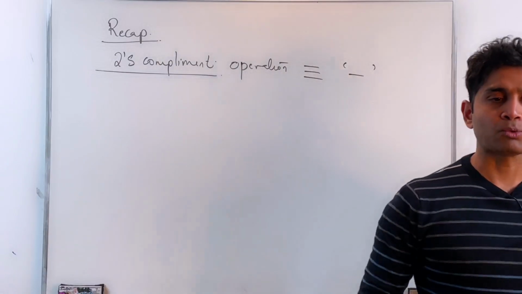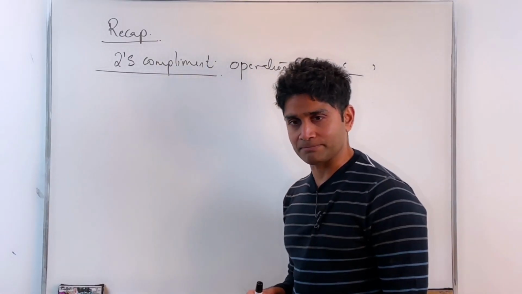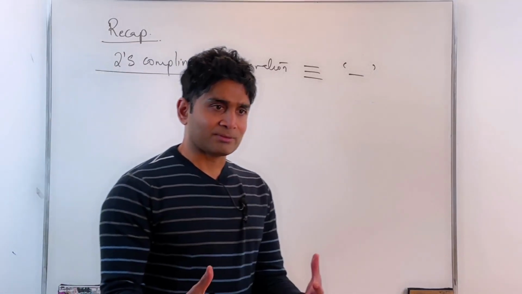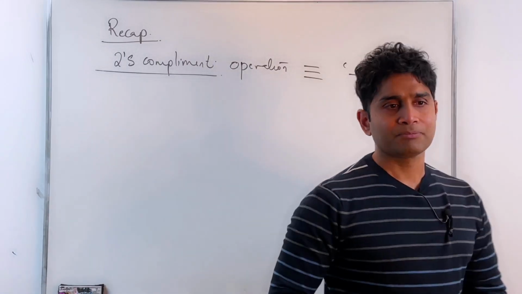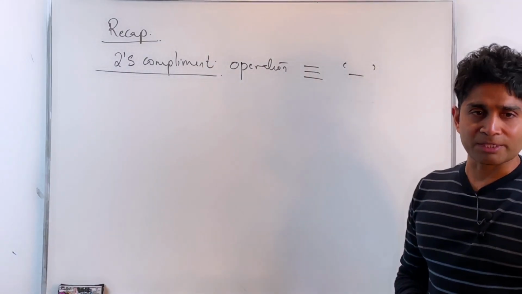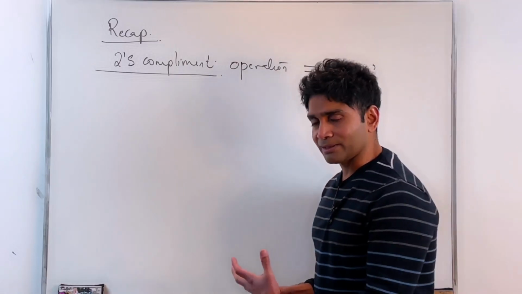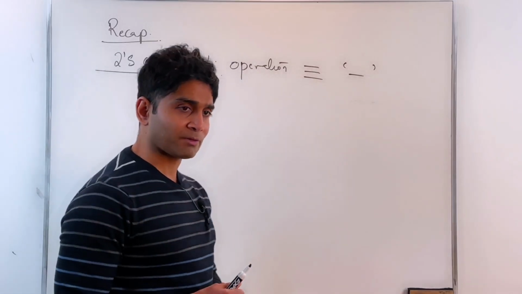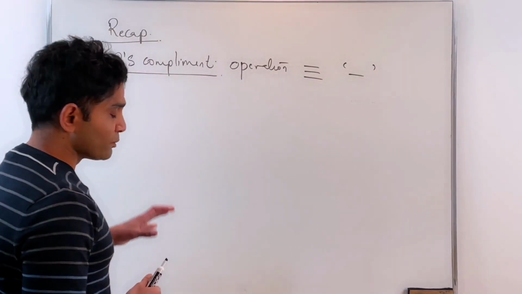They are basically equivalent. There's no difference between them. The way we represent negative numbers in devices, in binary formats, is using two's complement representation, because there is no other way that we can represent it in the most practical sense. This is what we have seen in the last class.